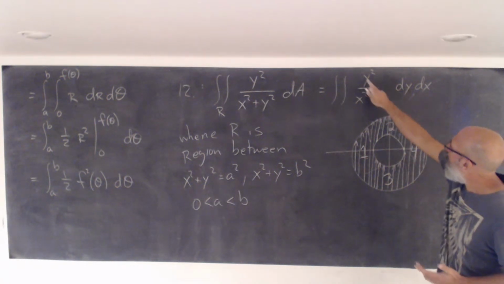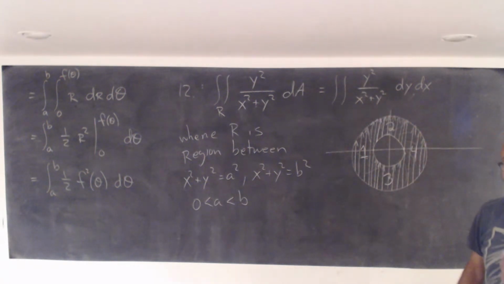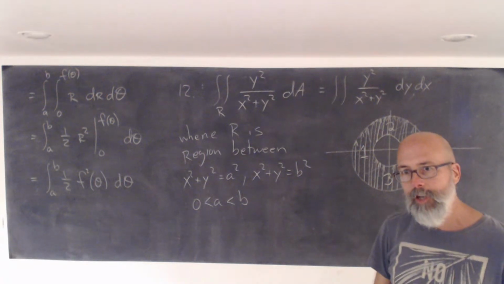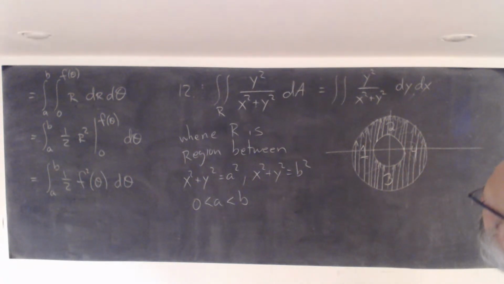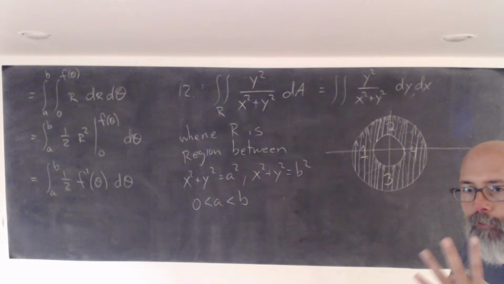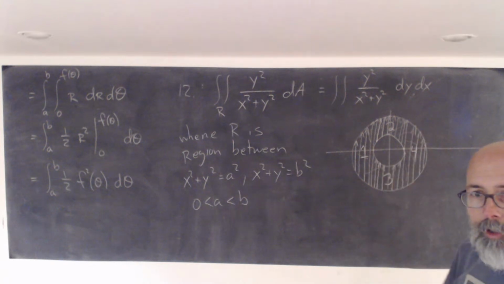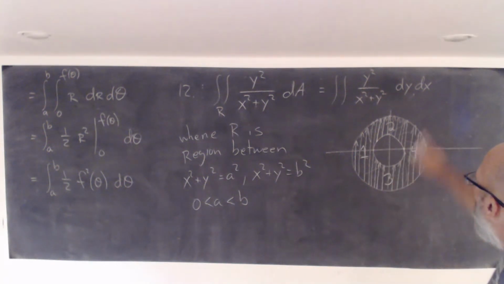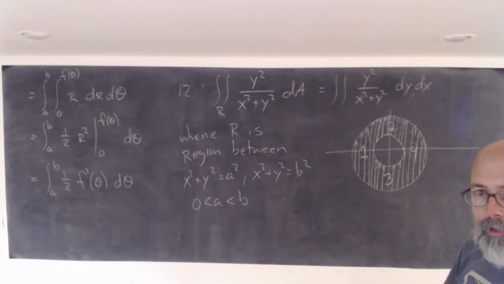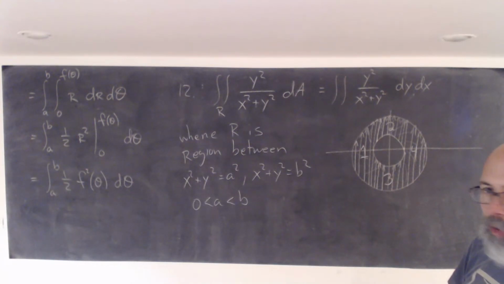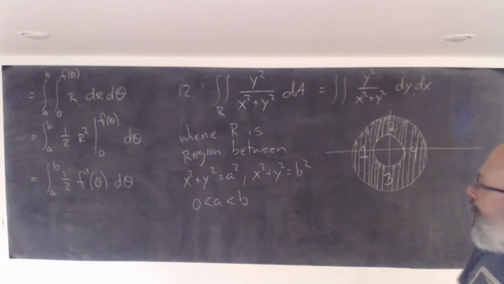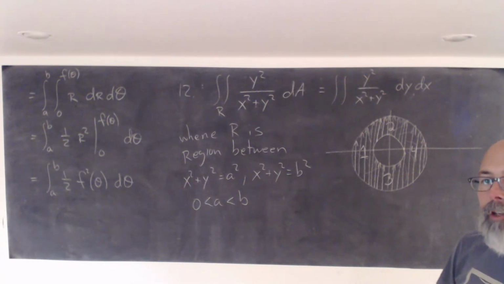Integrating dy, you're going to have to do some trig substitution for each of the 4 different integrals. And then you haven't even integrated with respect to x yet. So I mean, it's going to be hell. It's going to be a tremendous amount of work. Convince yourselves.